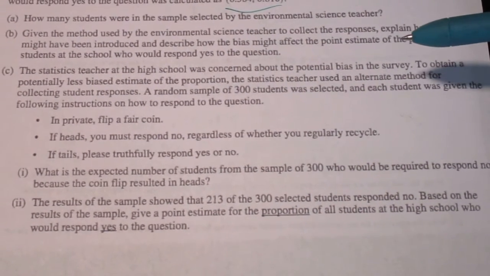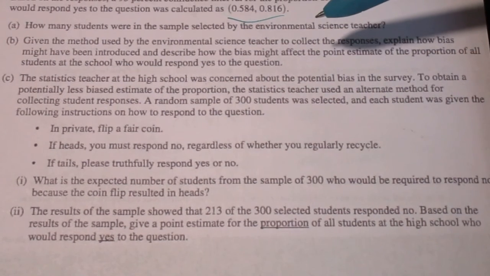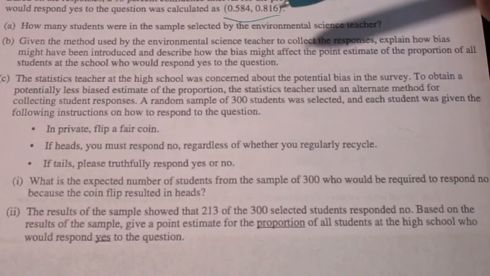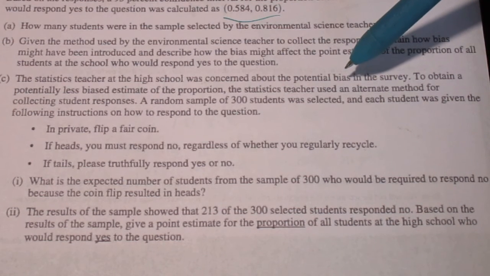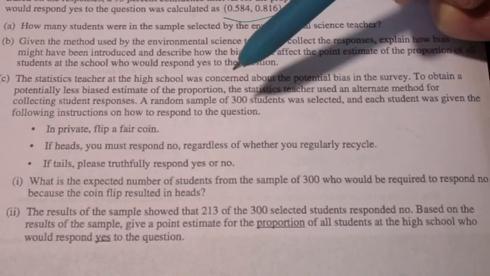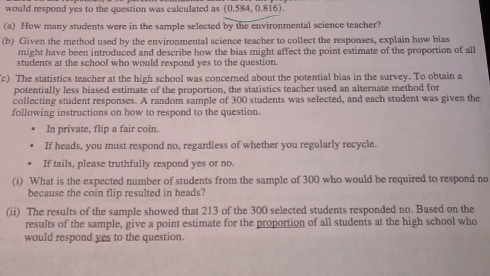But the statistics teacher, knowing how weird that was, is going to do something about it. A random sample of 300 students. I'm sure it was a simple random sample.